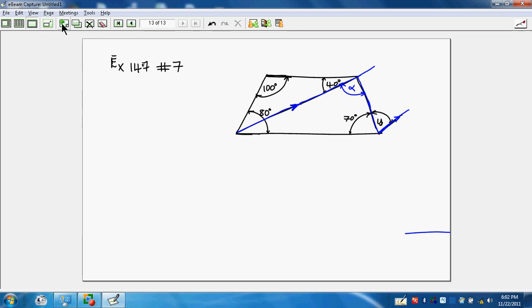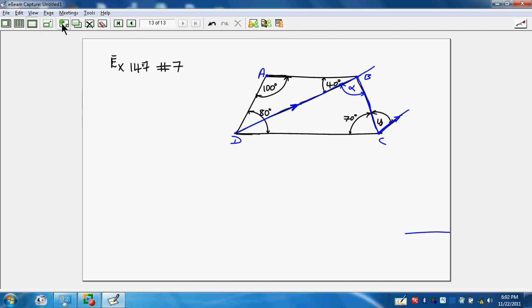Now, let's go back a little bit. We have certain angles, and if we label, it'll be easier to speak about it. So let's call that corner A, this here B, C, D. Okay?